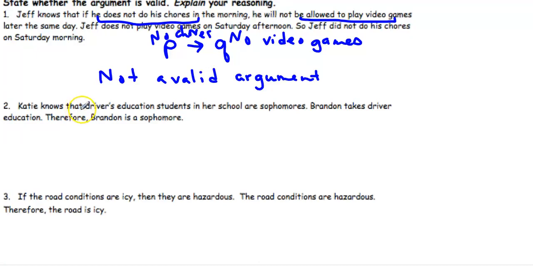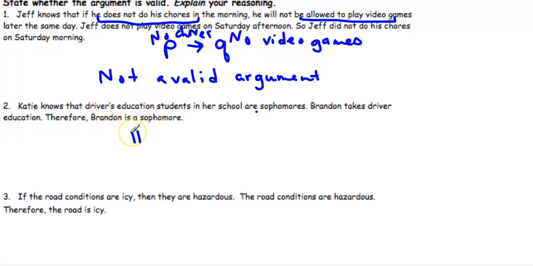So let's read this one. Katie knows that driver's education students in her school are sophomores. So driver's ed means a sophomore. Brandon takes driver's education. Therefore, Brandon is a sophomore. So in this one, we know that Brandon is in driver's education.